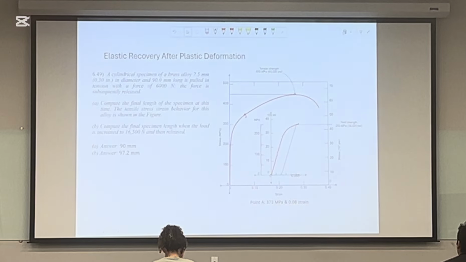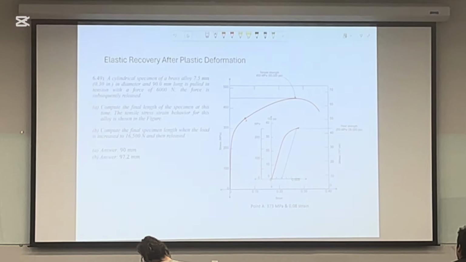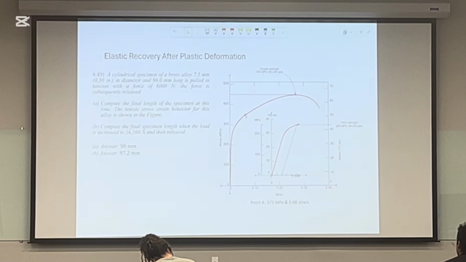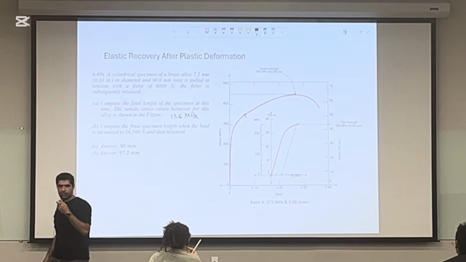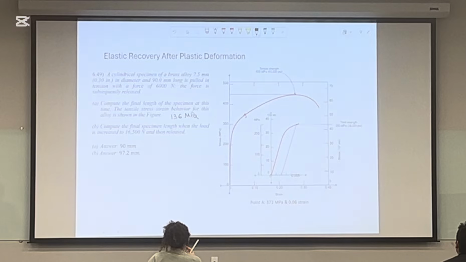lengths, right? So in this question, you have the diameter and the force, which means you can find the stress. If you find the stress for part A, you will end up with 136 megapascal. And just by looking at the diagram, is it elastic or plastic? Elastic region, plastic region. Exactly.